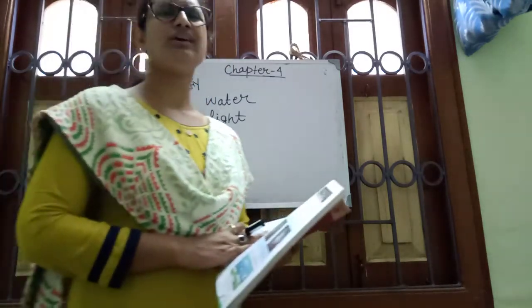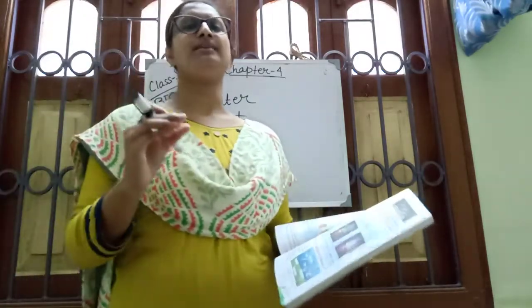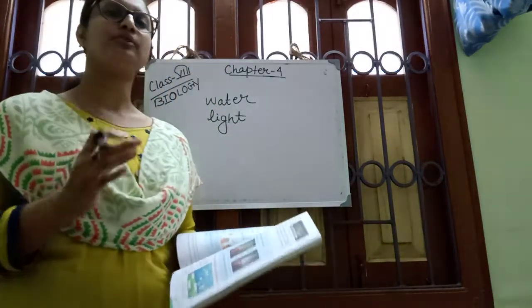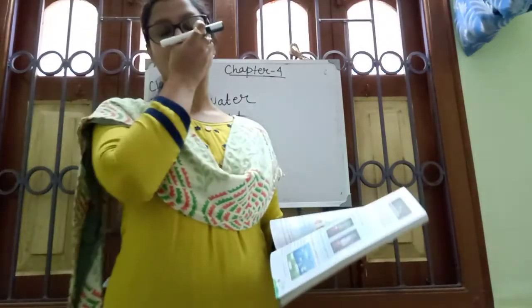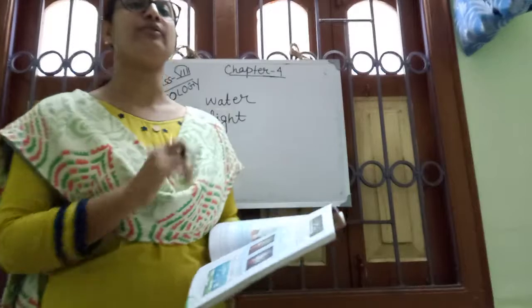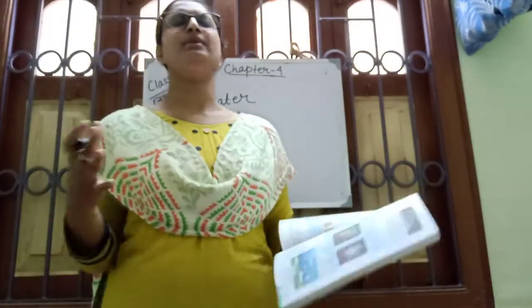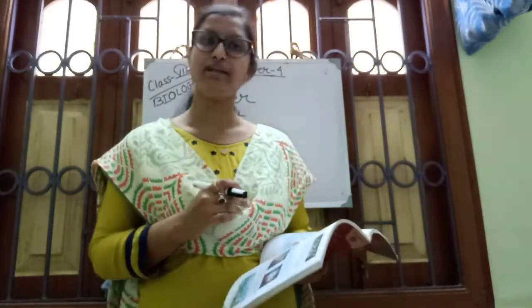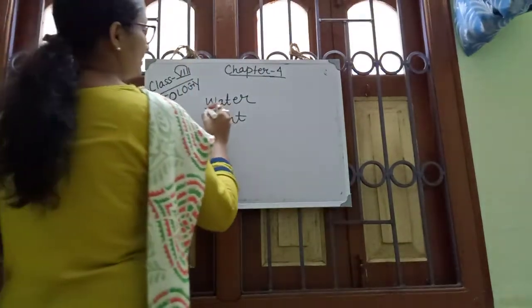Very small amounts of water are needed for making food, but water is the most important factor for photosynthesis. Humans, animals, all living things need water. The most important abiotic component is water.